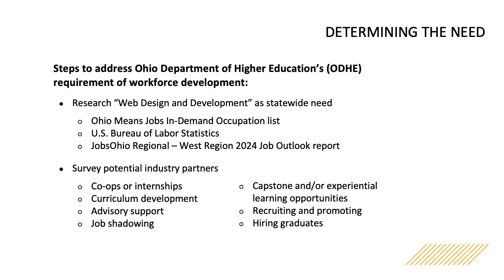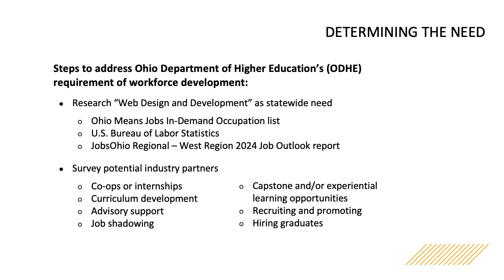I asked for 5 days to reach out to potential local industry partners to further prove the need, which the administration granted. I started by forming a list based on local web design and development companies on our existing advisory committees, adjunct faculty already in the industry, recommendations from board of trustee members, and a list from marketing, which was very timely because they were in the midst of doing a website redesign.